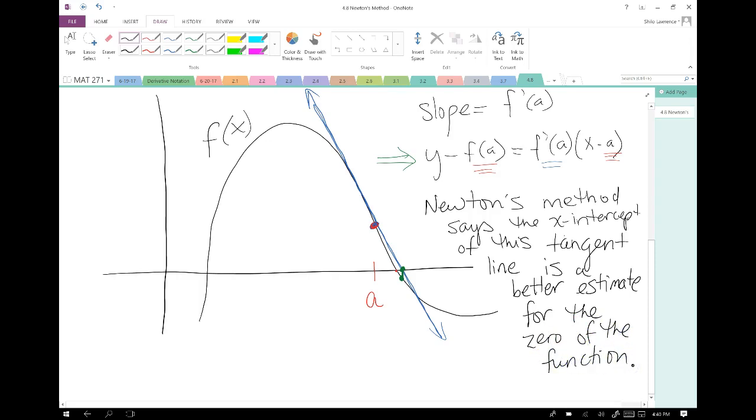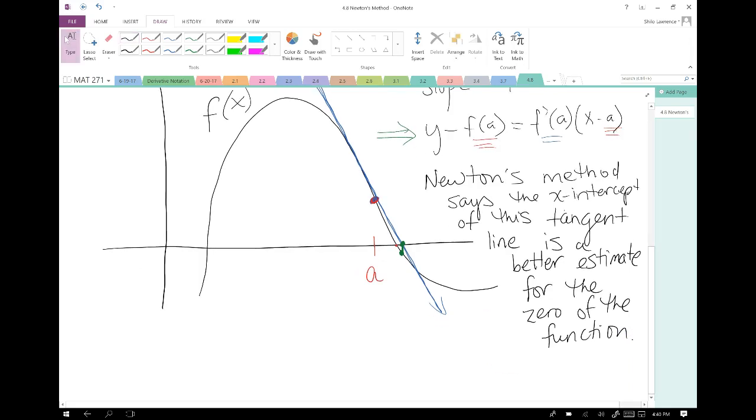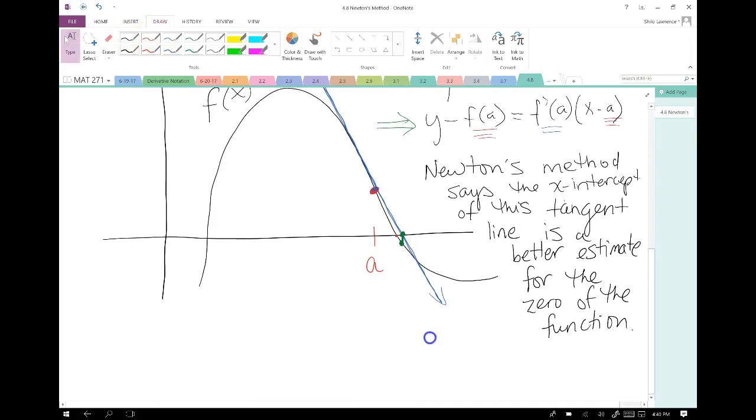So we'll take that equation for the tangent line and find its x-intercept. And the way we find an x-intercept is we plug in y equals 0 and we solve for x.